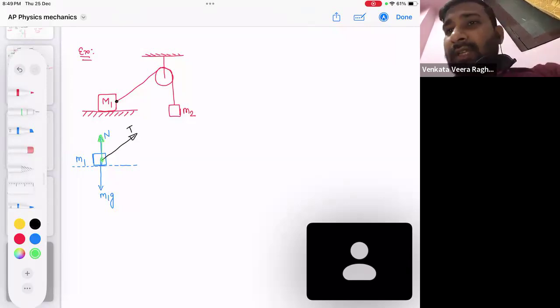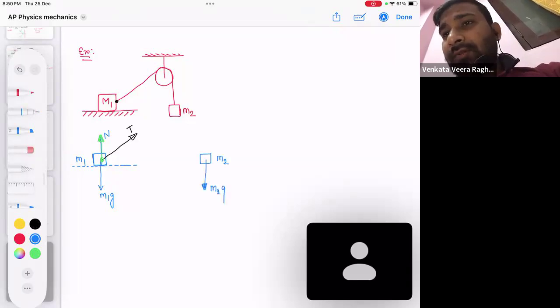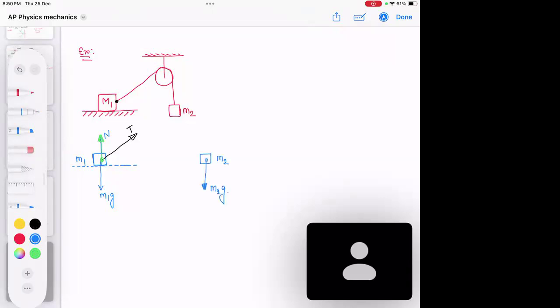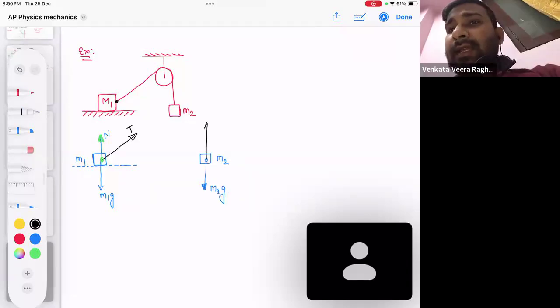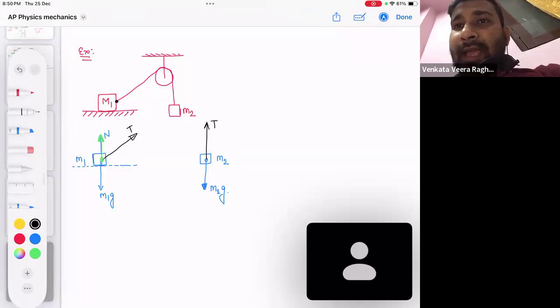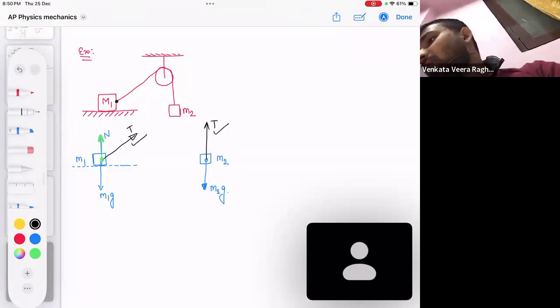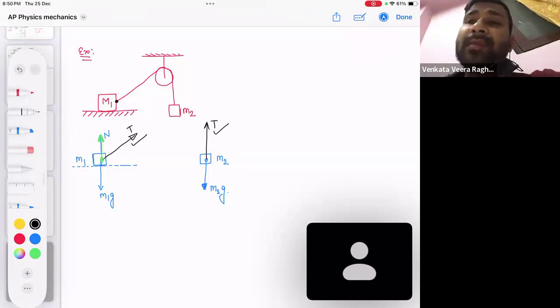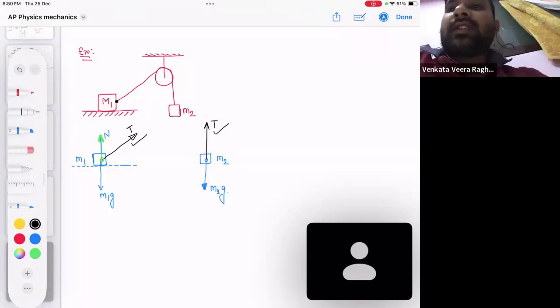And if I ask the same way, what are the forces acting on m2? m2 will have only two forces. One will be m2g downward, and there will be a tension force. Check it. Can I consider the tension acting on the m1 block and the tension acting on the m2 block to be equal? Why am I considering them equal?